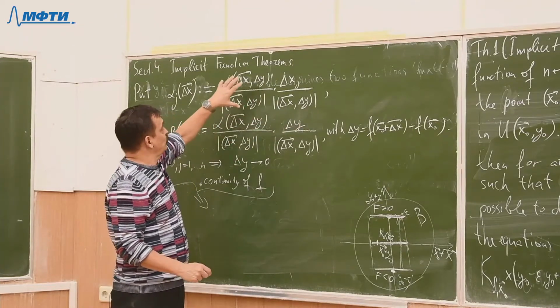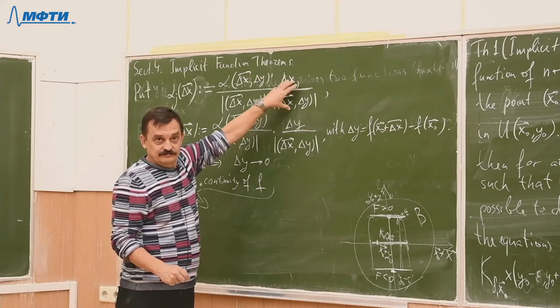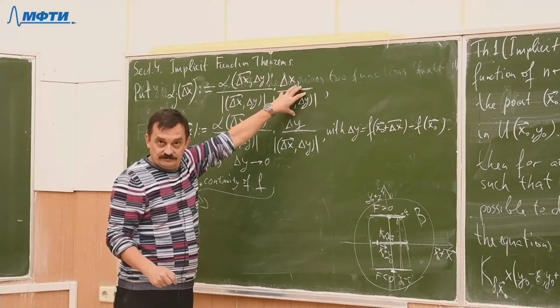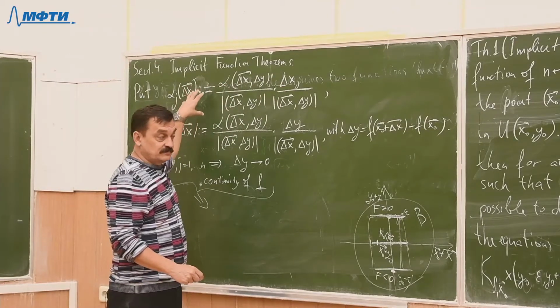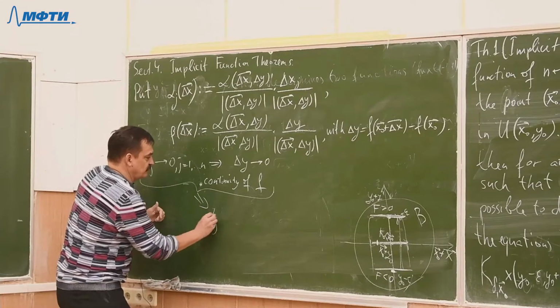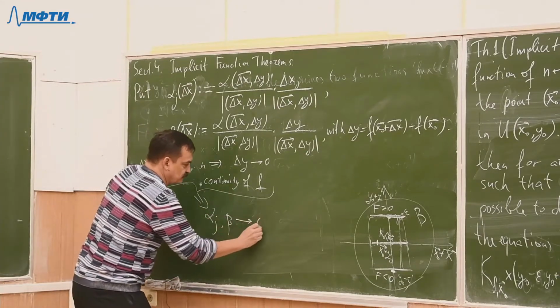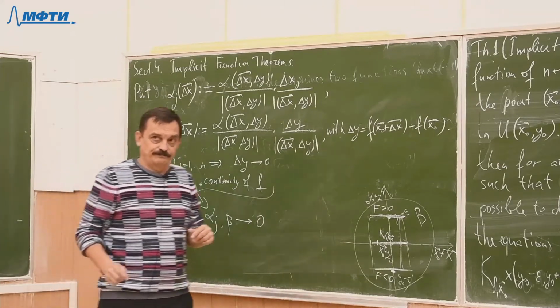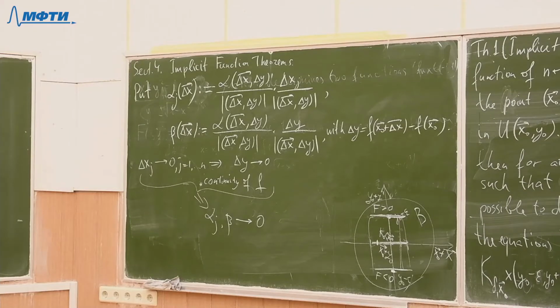So we have a product of infinitely small times bounded. The product is infinitely small, tends to 0, right? So we deduce that both alpha j and beta tend to 0. That's very important.